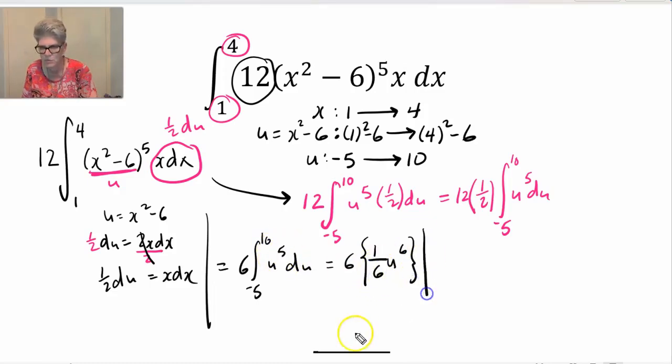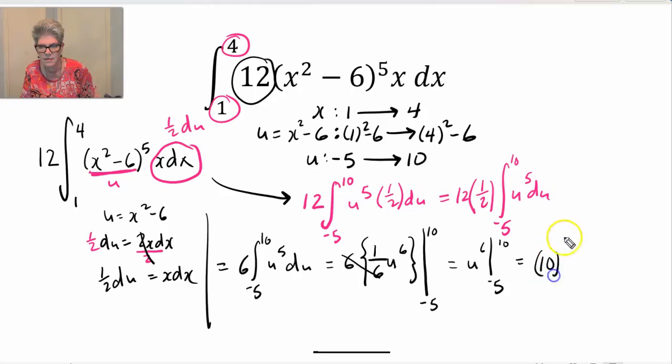And then that is going to be evaluated from -5 to 10. Okay, so nicely, conveniently here, the 6's cancel. And so that's going to be 10 to the 6th minus -5 to the 6th.